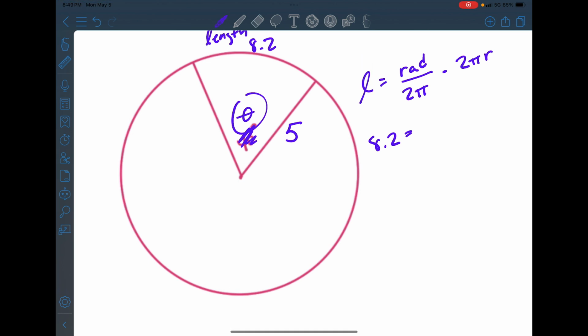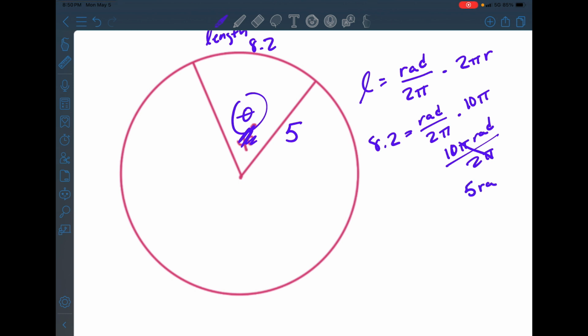We don't have the radians. We have our radius, which is 5, so 2 times 5 is 10. And we're going to do some multiplying here. 10 pi, radians over 2 pi. So the pi's cancel out. 10 divided by 2 is 5.